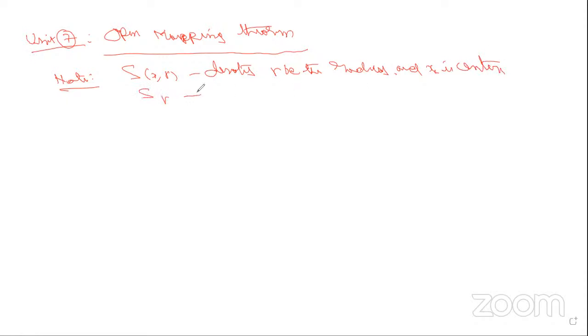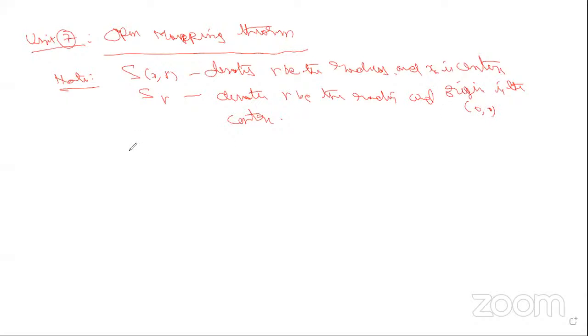Suppose S_r denotes r as the radius and origin as the center. Origin means nothing but (0, 0).